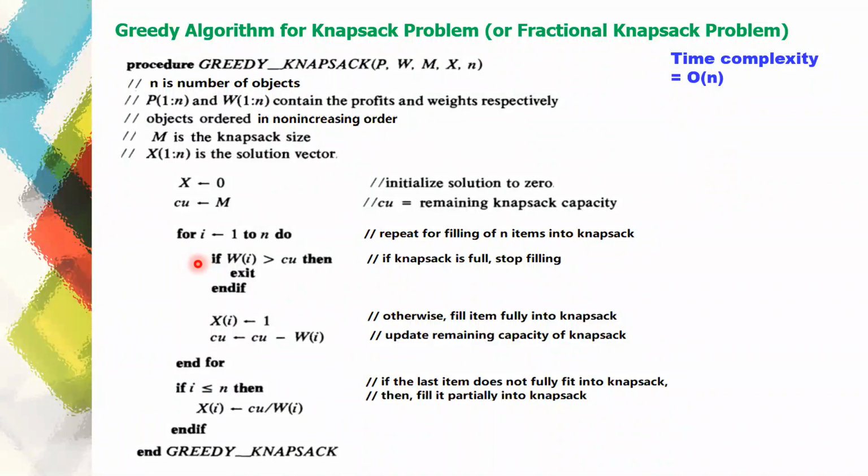So as such, it will be 3n. Actually, this entire loop, it will be 4n. So again, when you represent the time complexity in asymptotic notations, you'll remove constants. So I'll remove 4, then I'll be left with big O of n. This is the time complexity of the algorithm.